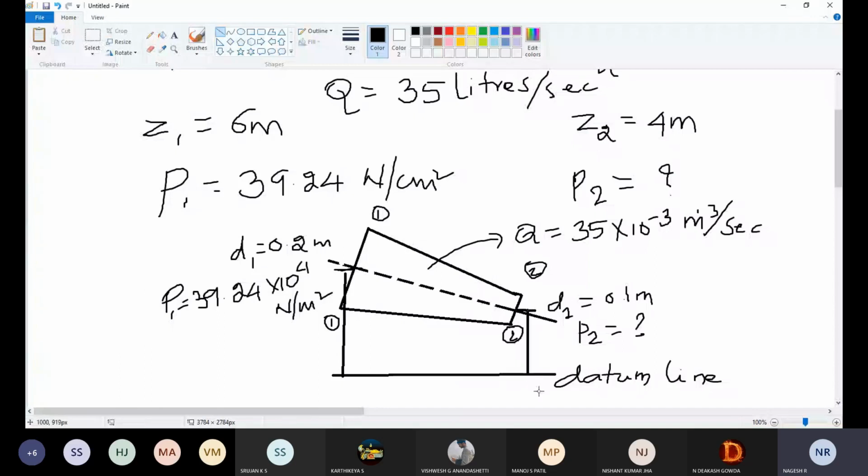I will call these Z1 and Z2. Any doubt in the figure?